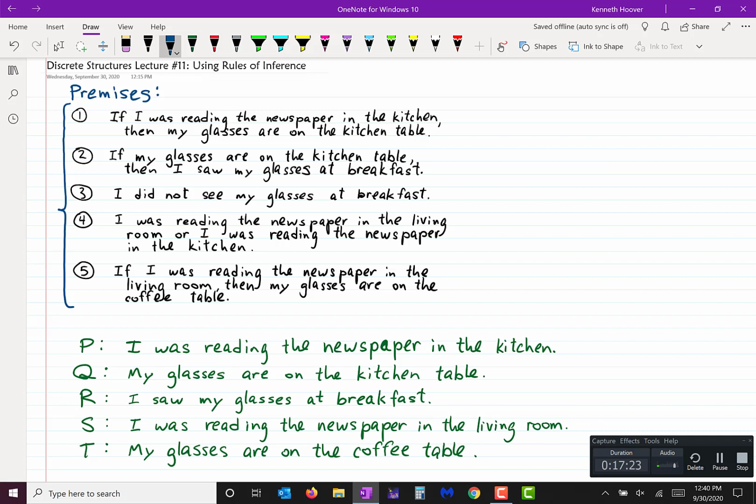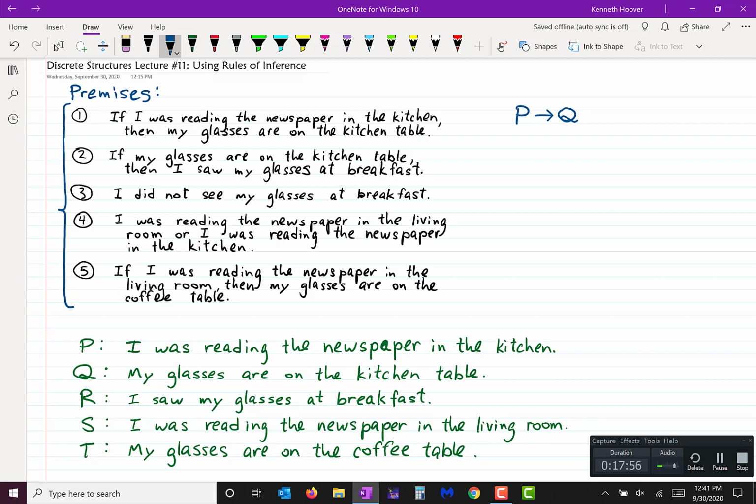Use the variables P, Q, R, S, and T. 1 is telling me if I was reading the newspaper in the kitchen, which is P, then my glasses are on the kitchen table, which is Q. So I can say P implies Q. And what am I using to say that?